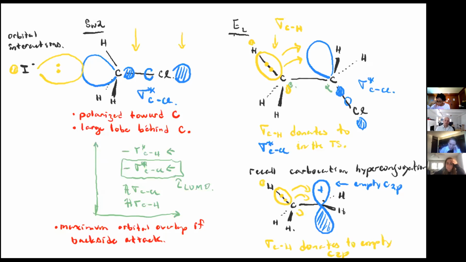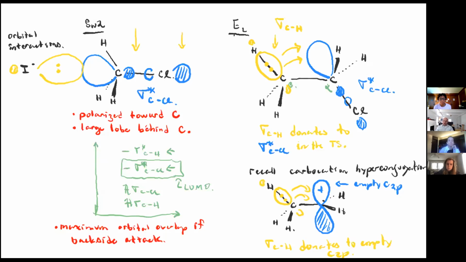Okay. So does everyone see the homology between those two systems? Filled, overlapping with empty. The only difference is that I've changed one of the orbitals. So I've changed it from an empty 2p orbital to a sigma star in the elimination.